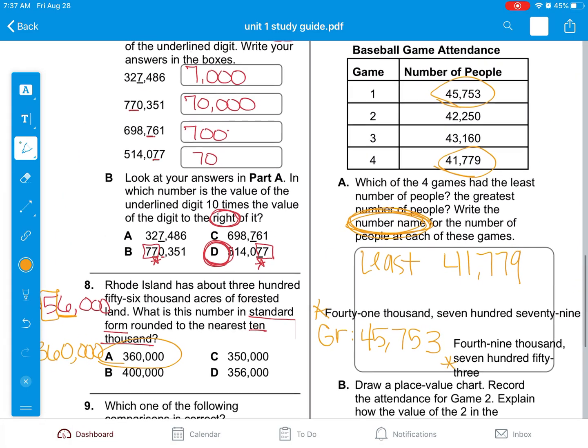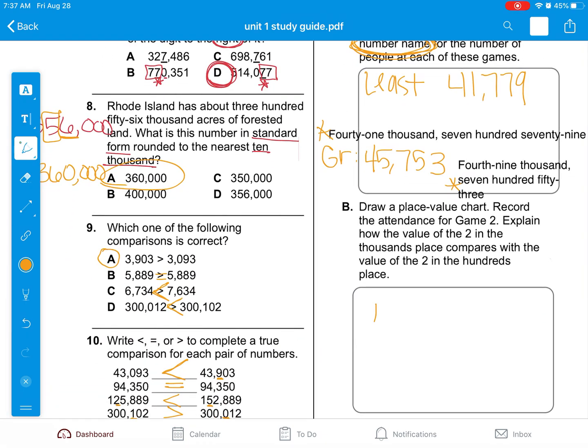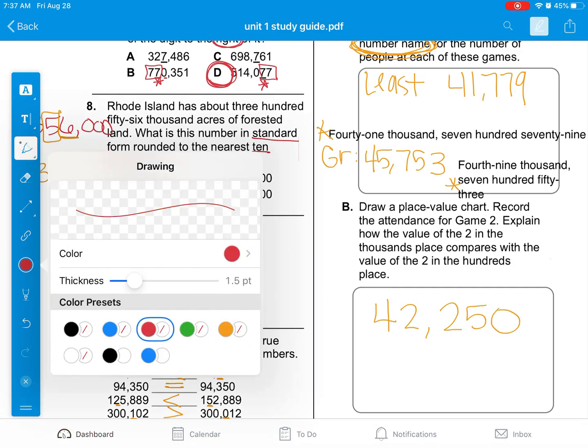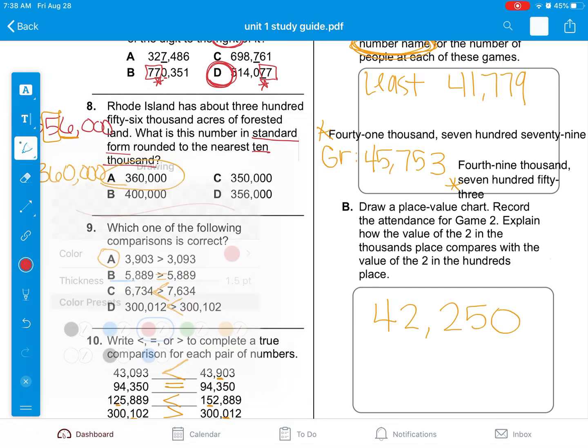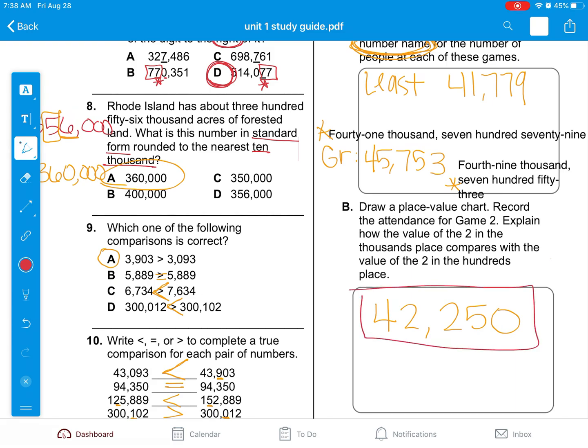Game 2 had 42,250. So I told you write that down, but I told you didn't have to do the chart if you didn't want to. All they mean about a chart is to put little boxes and split up the place values and name them. So like this place value chart would have went with this number.